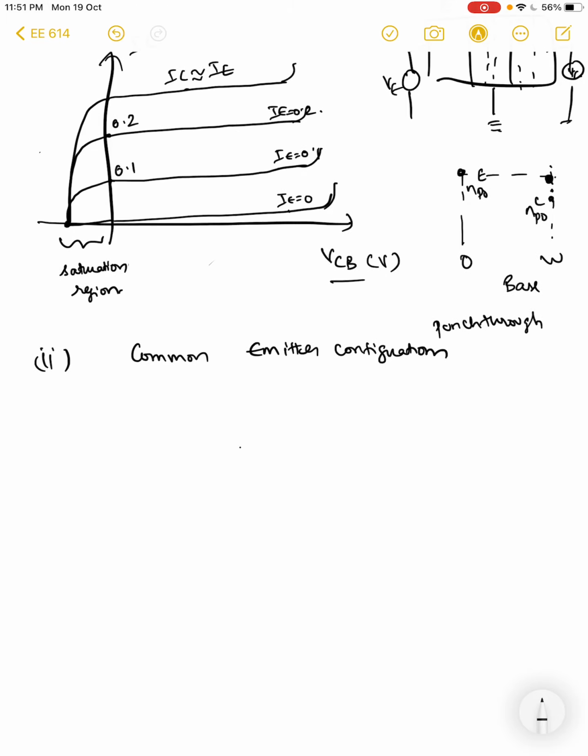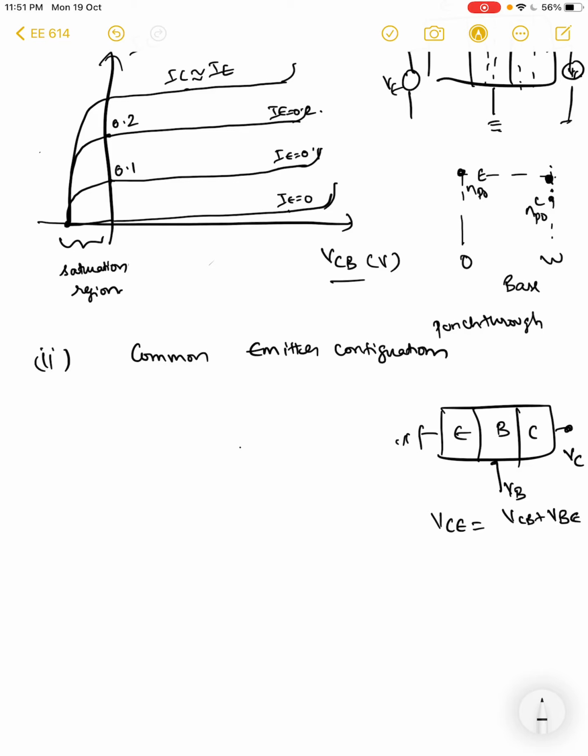So in the common emitter configuration you have emitter, base, collector, right? And the emitter is grounded and you have some potential at the collector, VC, some potential at the base, VB, right? And in this situation you can clearly see that VCE is a summation of VCB plus VBE, right?